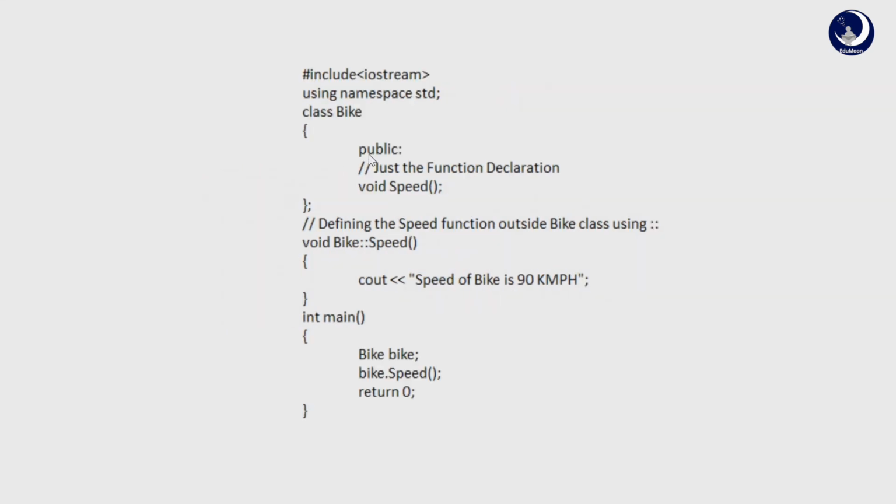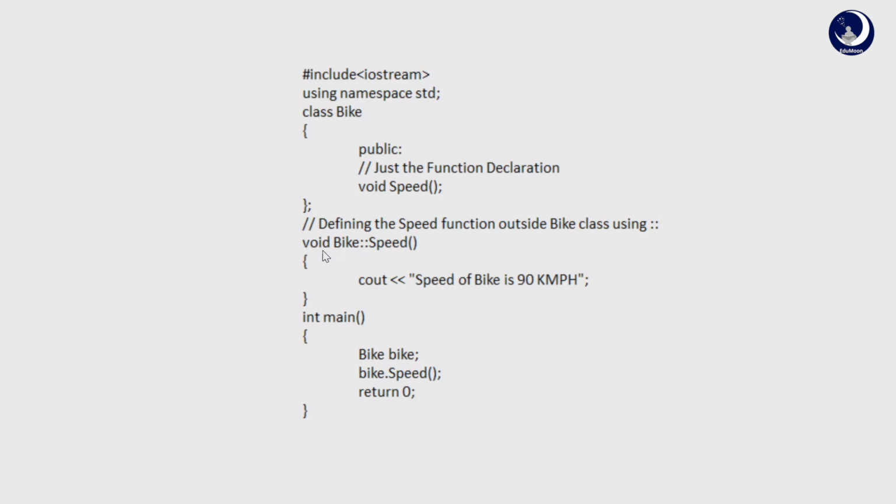So this is the class Bike, and it has a public method which is void speed. This is just the function declaration, but the actual body of the function is defined outside the class. To let the compiler know that this particular speed method is related to this class, we are using the scope resolution operator along with the class name.